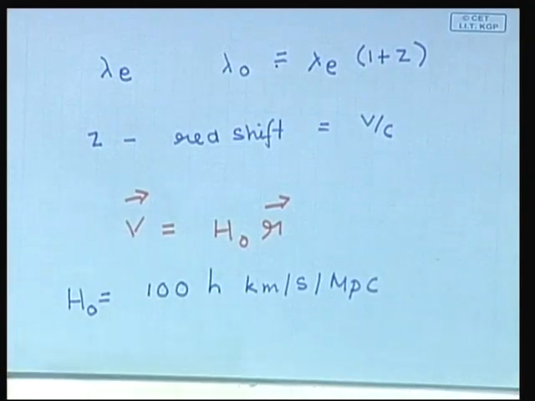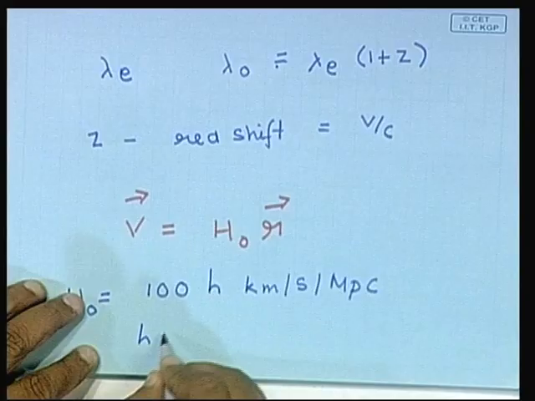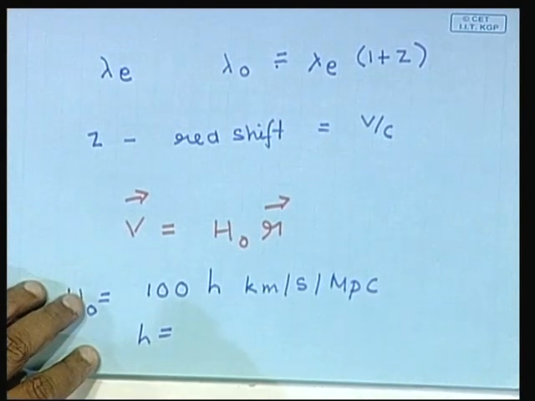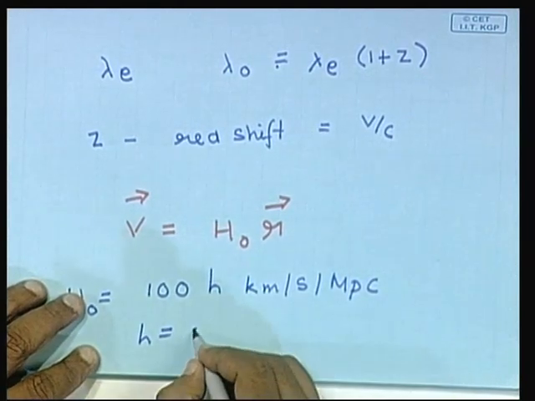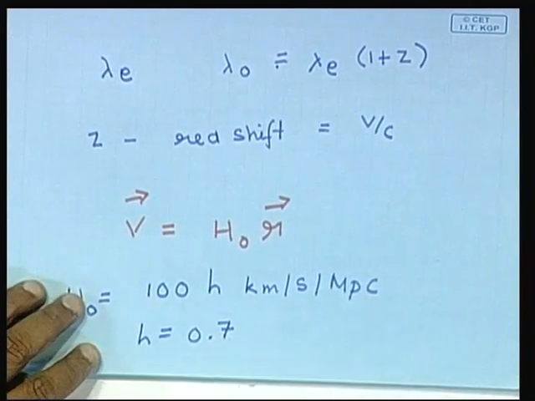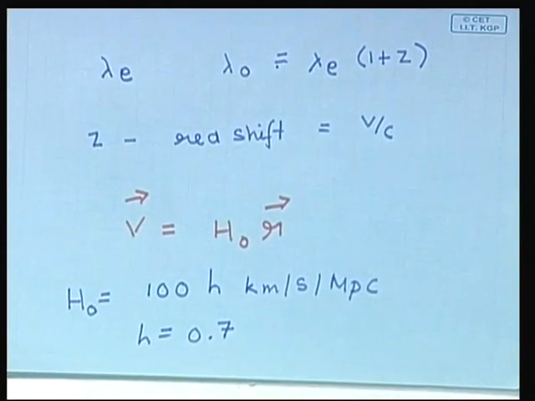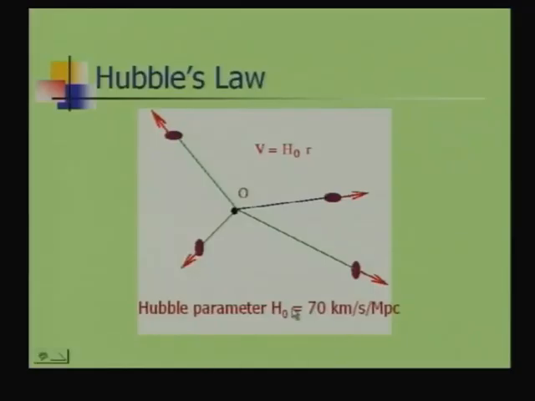So the value of 70 would correspond to this small h equal to how much? 0.7. Okay. So it is often customary to parameterize the Hubble parameter in this way. The subscript 0 here indicates that we are referring to the present value of the Hubble parameter, and the subscript 0 we shall use throughout to indicate the present value of any quantity. So H naught means the present value of the Hubble parameter.